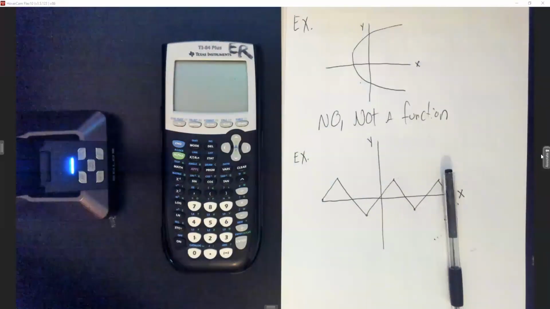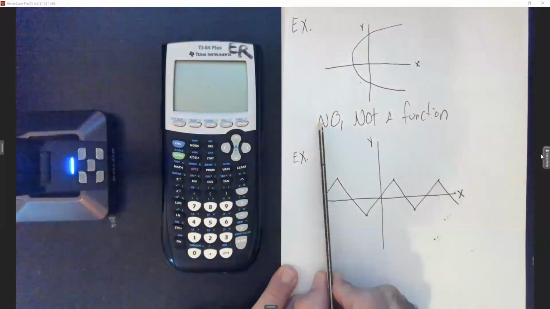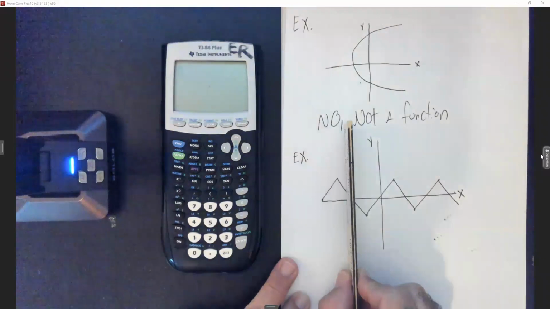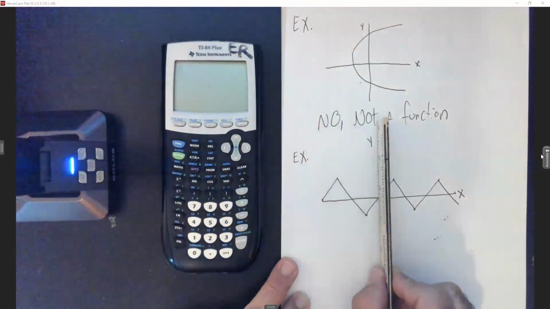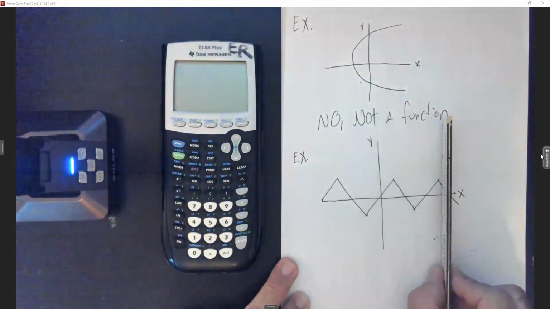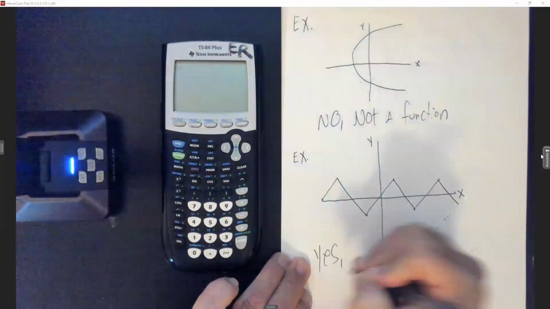So I would run my vertical line left to right. And notice I'm only intersecting it once everywhere I go. Looks like I'm just going to hit it once all the way through. And since I've only intersected my graph once everywhere, this would be, yes, a function.